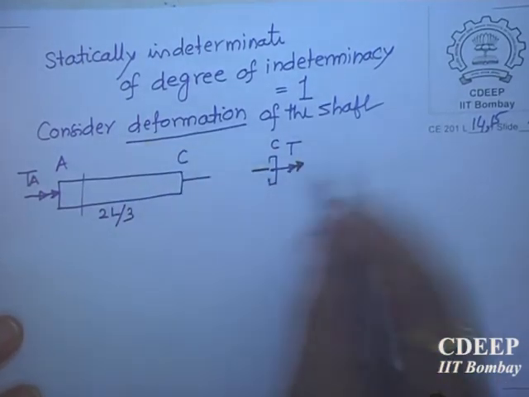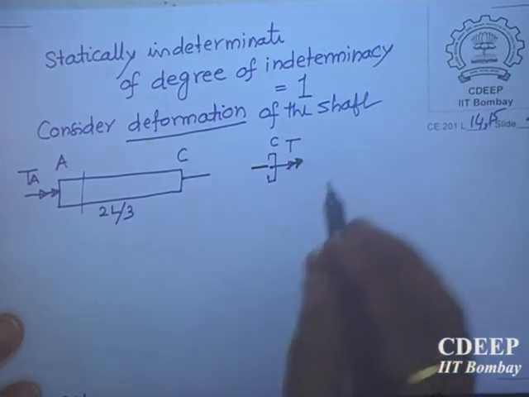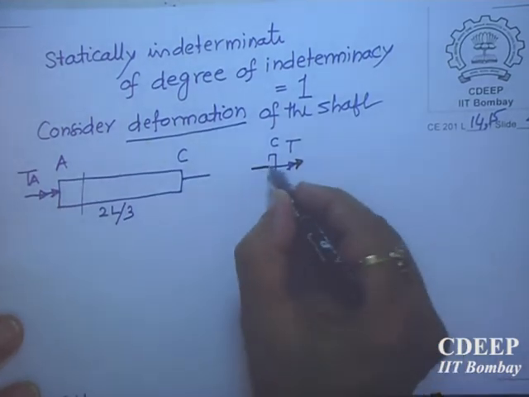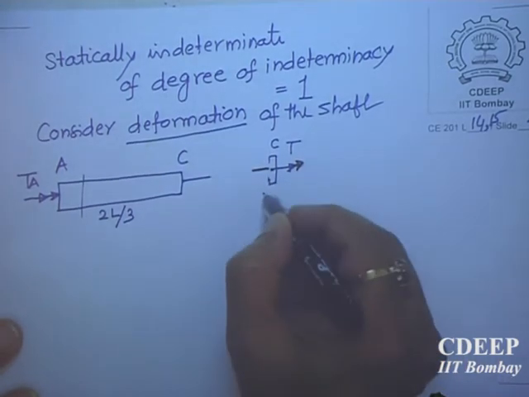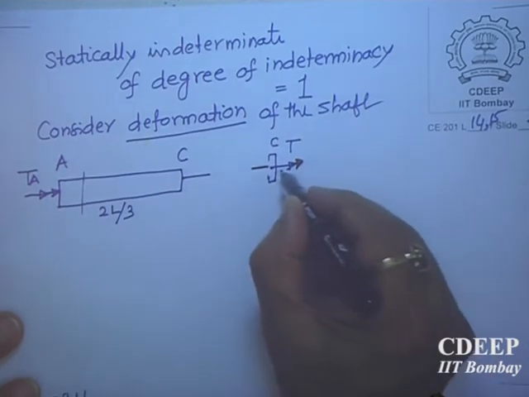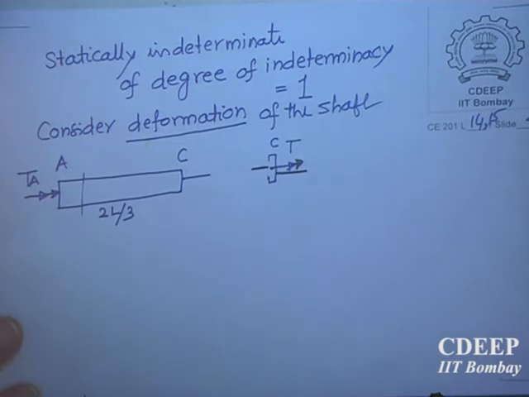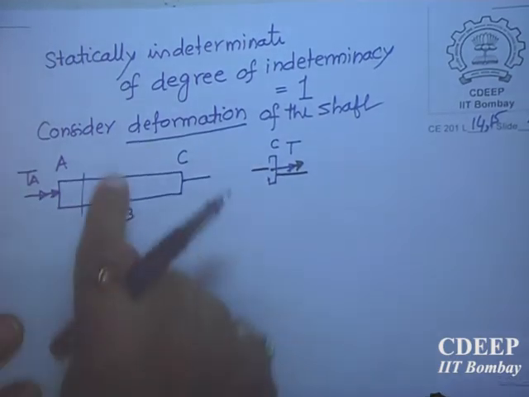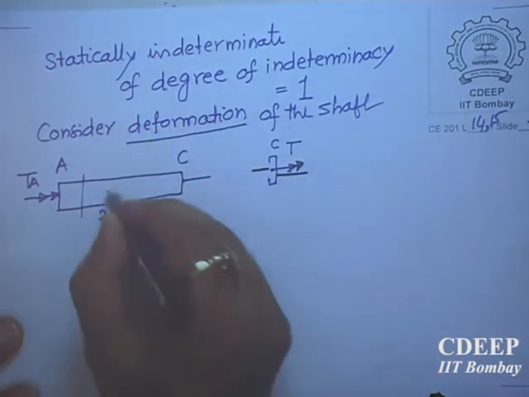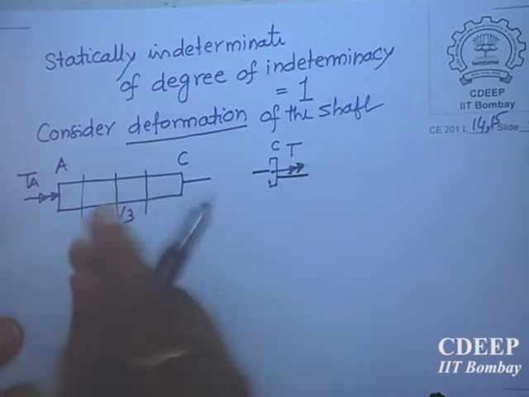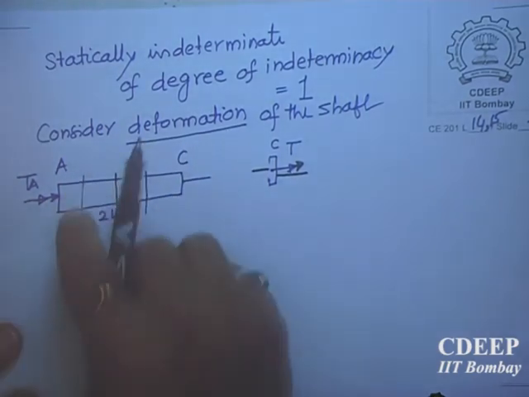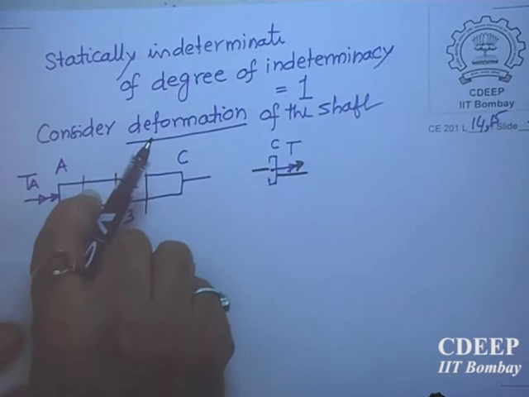So there will be a torque here on the left side of this, and also a torque on the right side of this. Now that direction I will tell you, but whenever you cut this cross section anywhere, as a free body diagram, what will be the direction of torque?